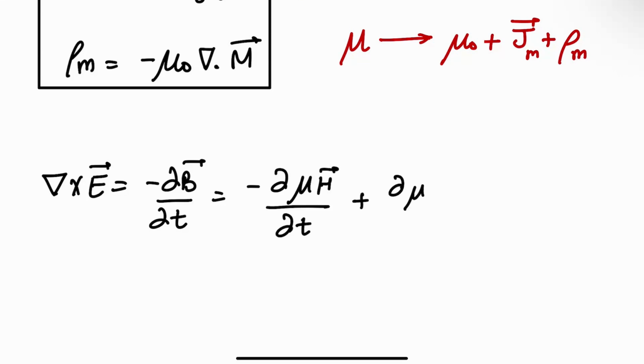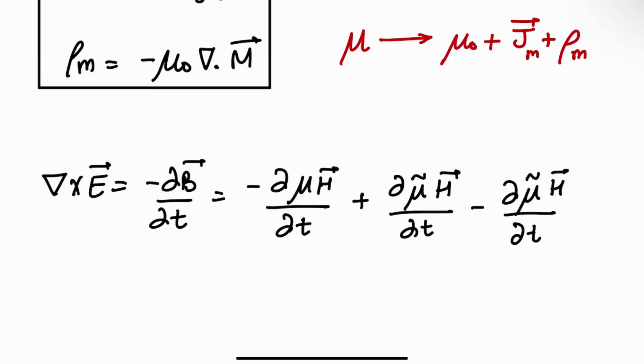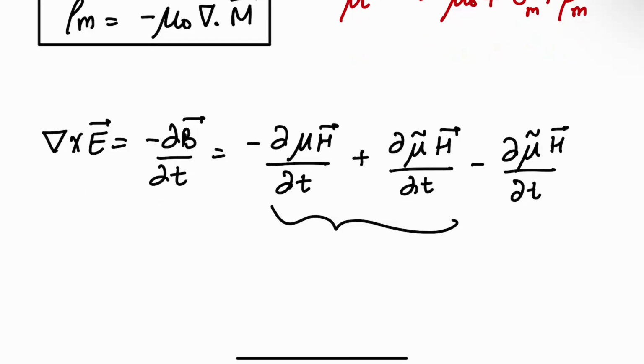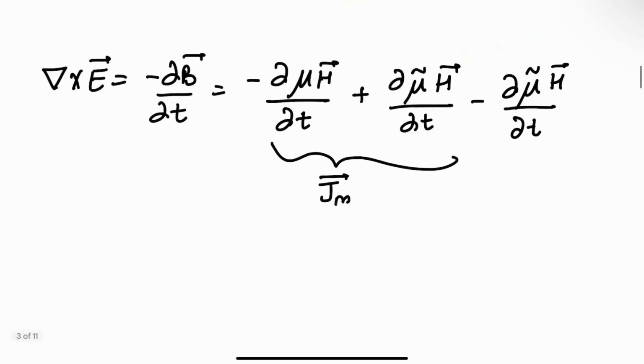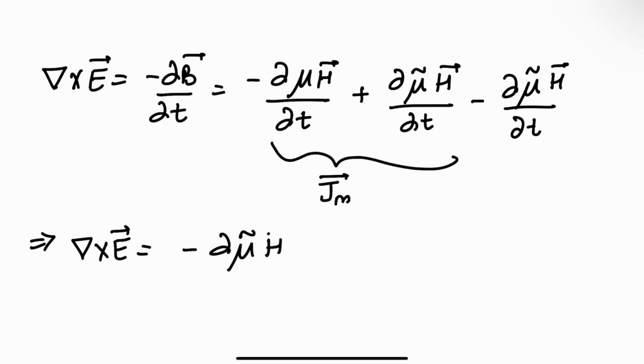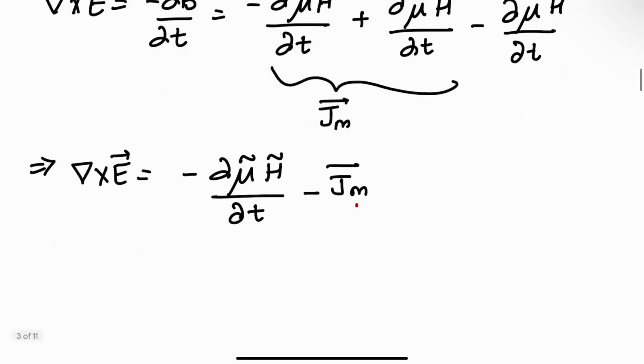And I can add and subtract another arbitrary mu, mu tilde, and call this term the magnetic current. Then I get curl of E equal to minus d mu tilde H over dt minus J_M, where J_M is (mu minus mu tilde) dH over dt.